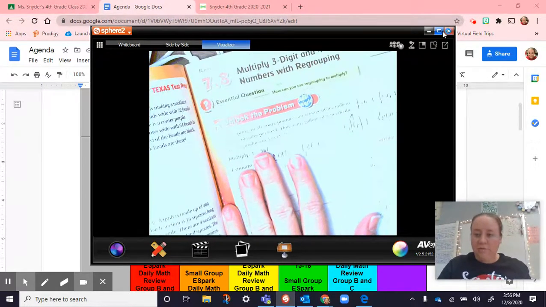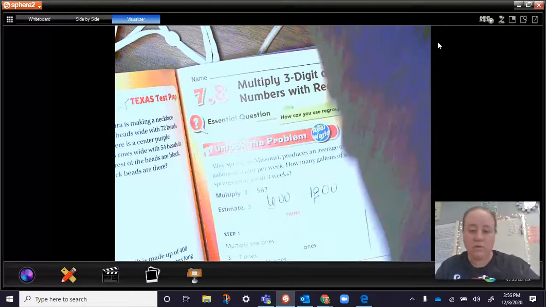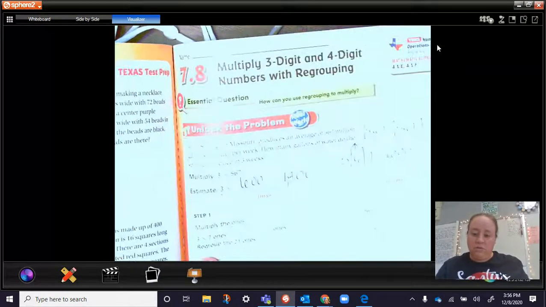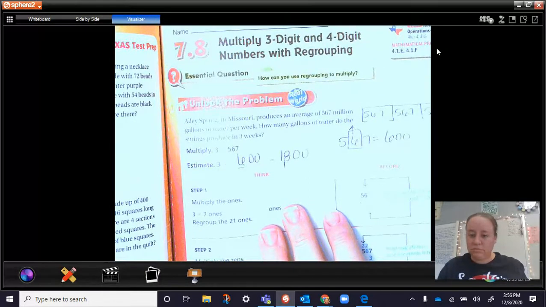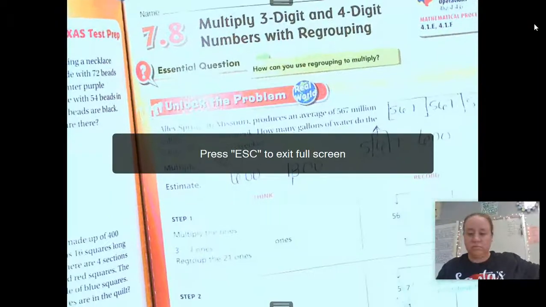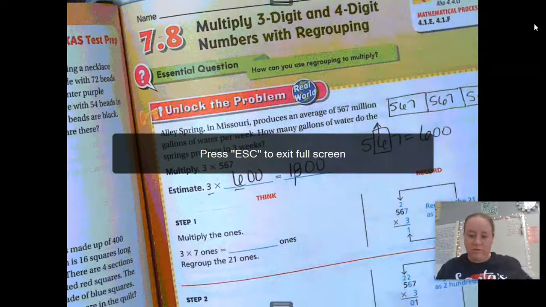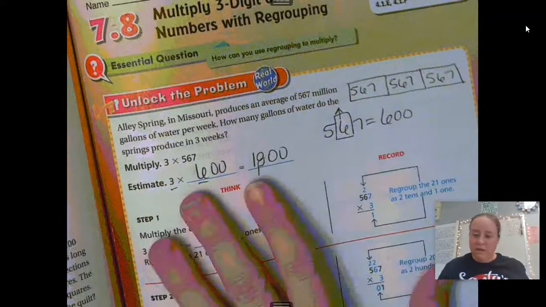So here the problem, focus this. There it goes. All right, so the problem said, let me move this over so we can all see.